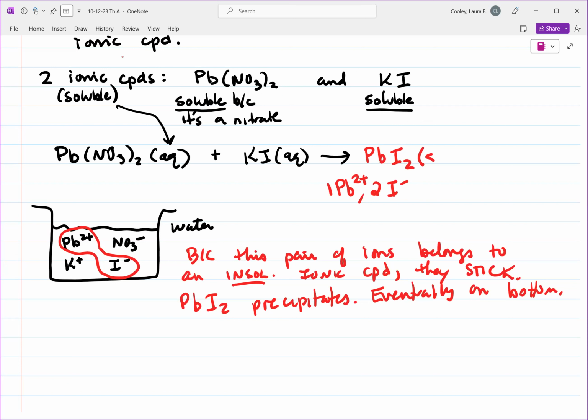Now, it's insoluble. So we give the phase as solid, S. And the other product that we write is KNO3, but that's just aqueous. This isn't balanced yet. To balance it, I have to put a 2 here and a 2 here.